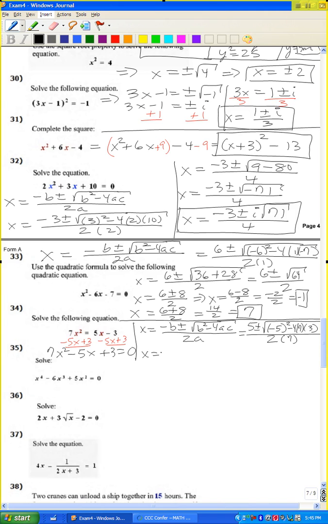So x is equal to 5 plus or minus the square root of 25 minus 4 times 7, 28 times 3, 84, over 14. 25 minus 84, negative 59.